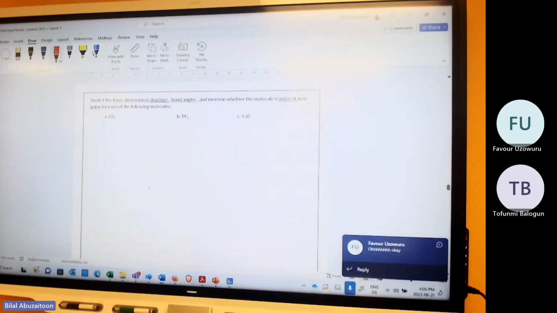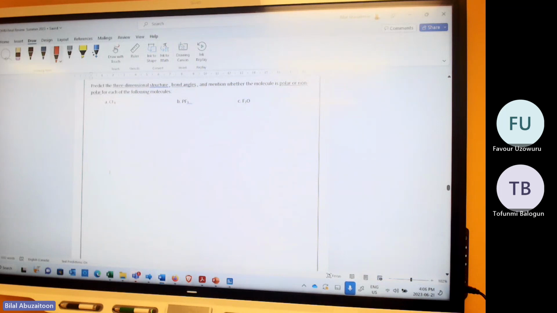Three-dimensional structure, bond angle. We took enough from these examples. Are we with midterms? No, we're not. Can you give us our midterms, please? They're not allowed to give them. Are you allowed to give us our midterm?